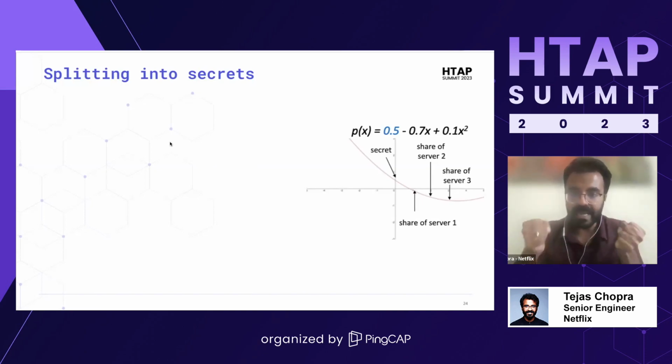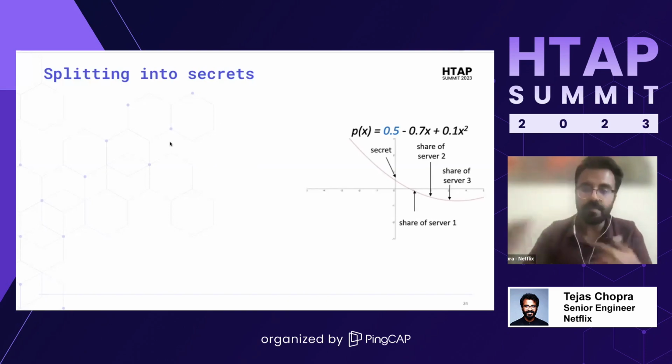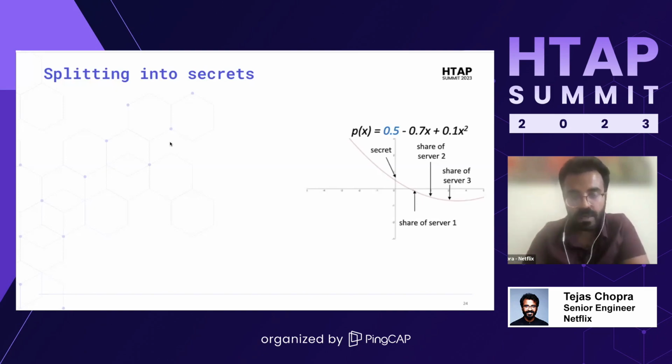Each node by itself will have no idea about the secret, just because there are infinite polynomials that can pass through the information we have given that node. However, when all of the nodes can collaborate, we can know that single polynomial that passes through those shares, and we can get the secret back. That is the idea behind splitting this data into secrets.